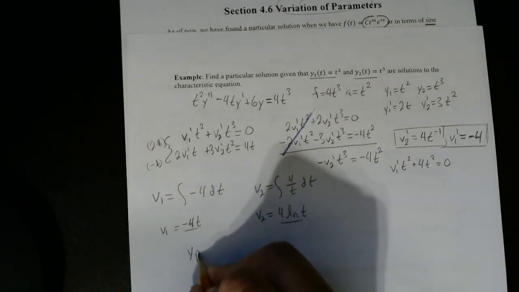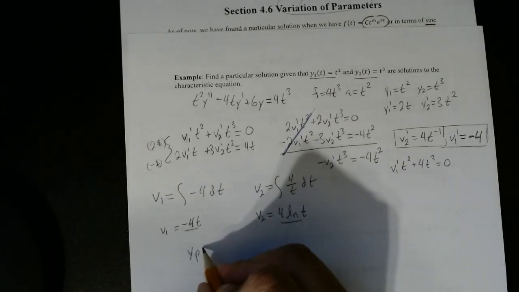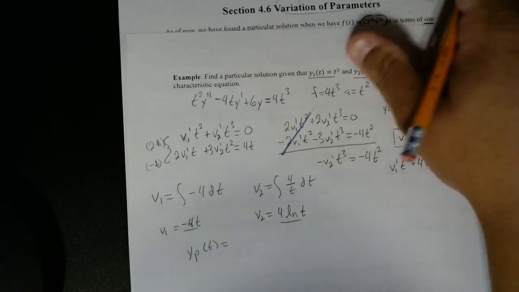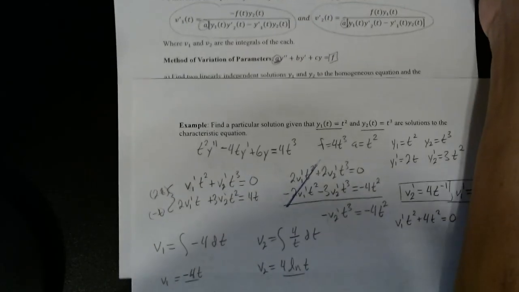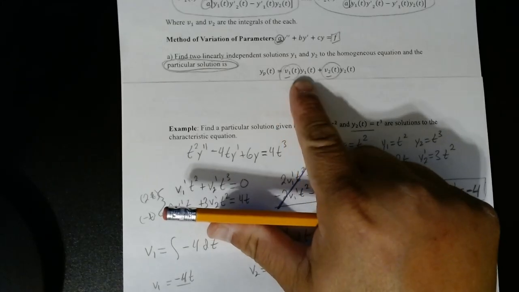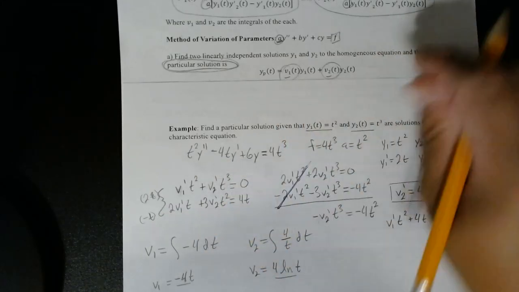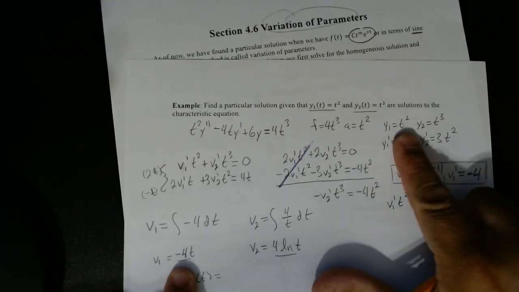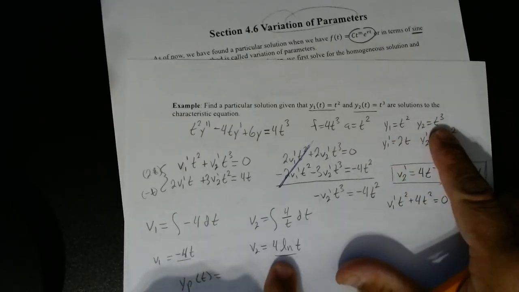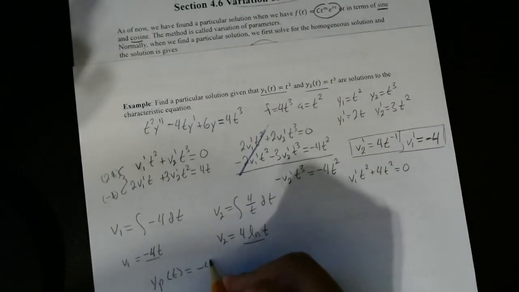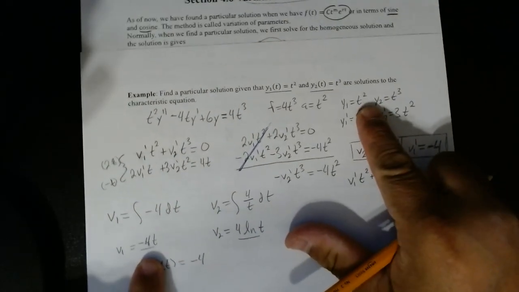So our particular solution is equal to, and then we go back to our process down here, v1 times y1 plus v2 times y2. So these two plus those two. So -4t times t squared, plus 4 ln t times t to the third.